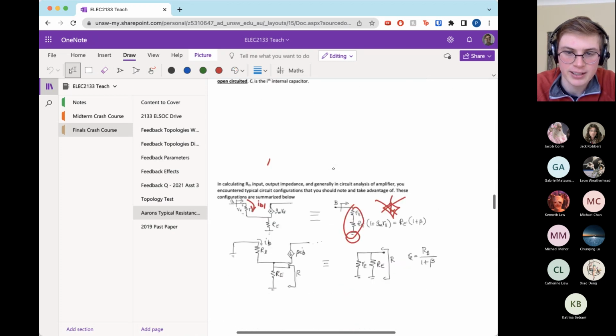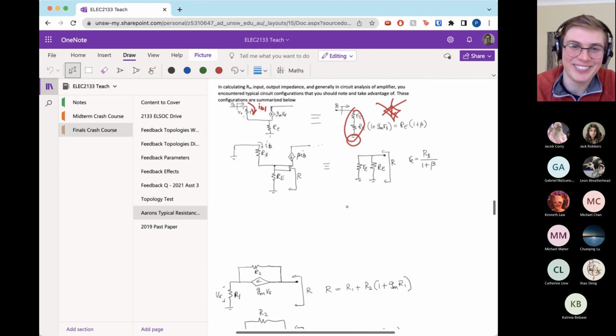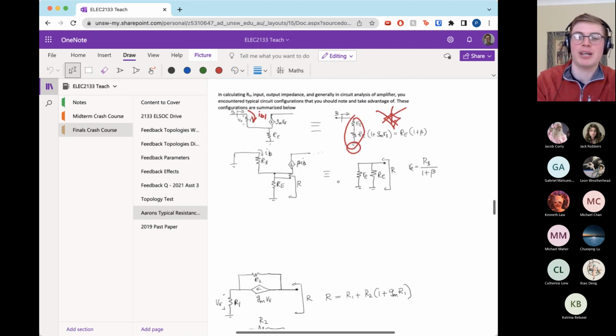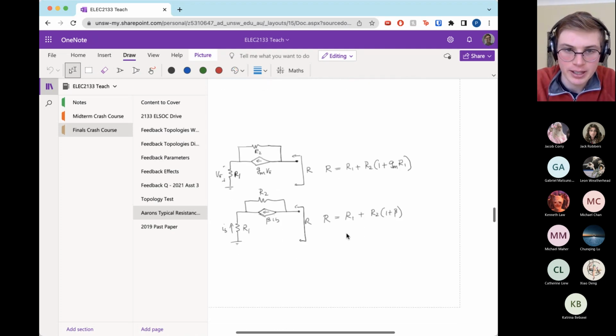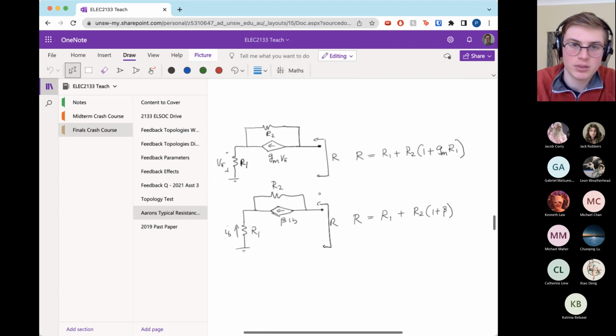Miller's theorem. Again, if this is sounding new to you, definitely come back to it. A lot simpler. These are a few funky ones as well.